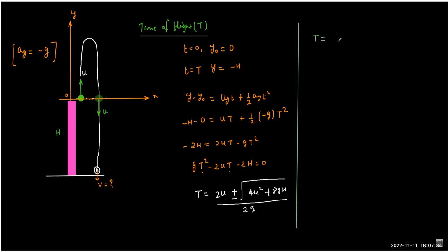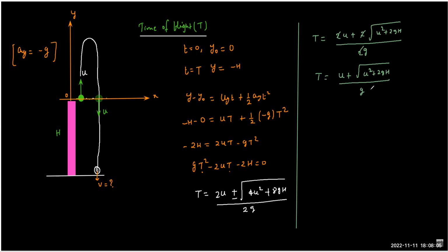Plus 1. And also you can see we can take 4 common from the root term. So it will come 2u plus twice we can take outside, u square plus 2gh, upon g. Now this 2 gets cancelled. So the answer is u plus root. Is this clear? Yes, sir.